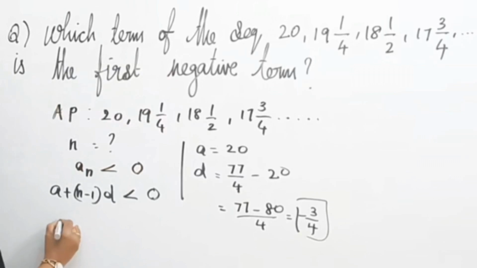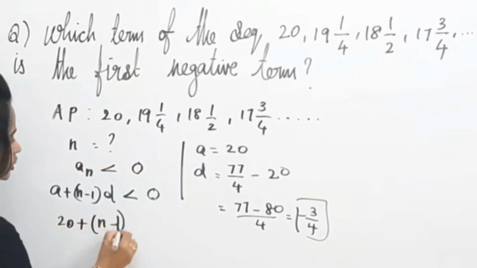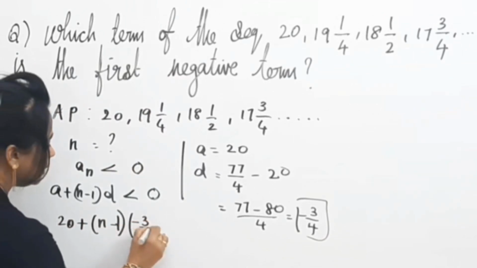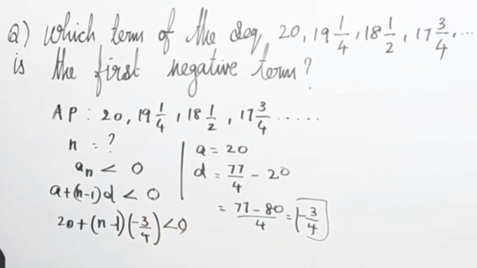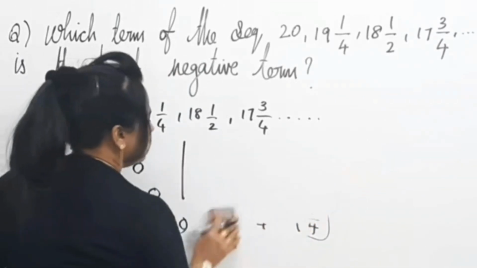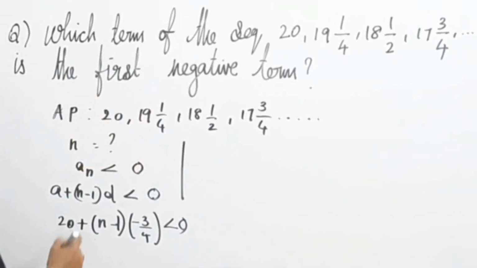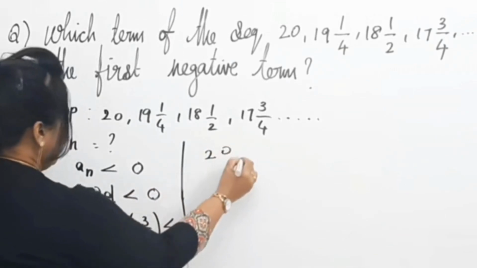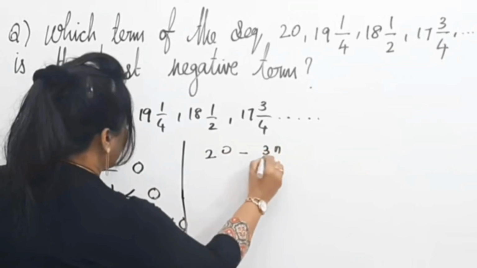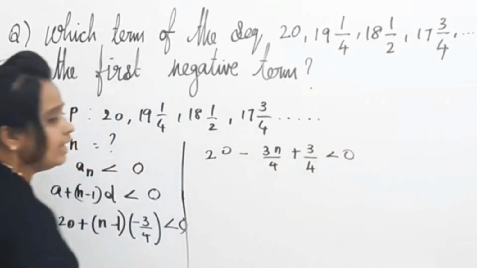Now, let me substitute here: 20 plus n minus 1 into minus 3 by 4 must be less than 0. So I get my n. If I get n, then that term is going to be the first negative number. Let me simplify further. I would have 20 minus 3n by 4 plus 3 by 4, which will be less than 0.